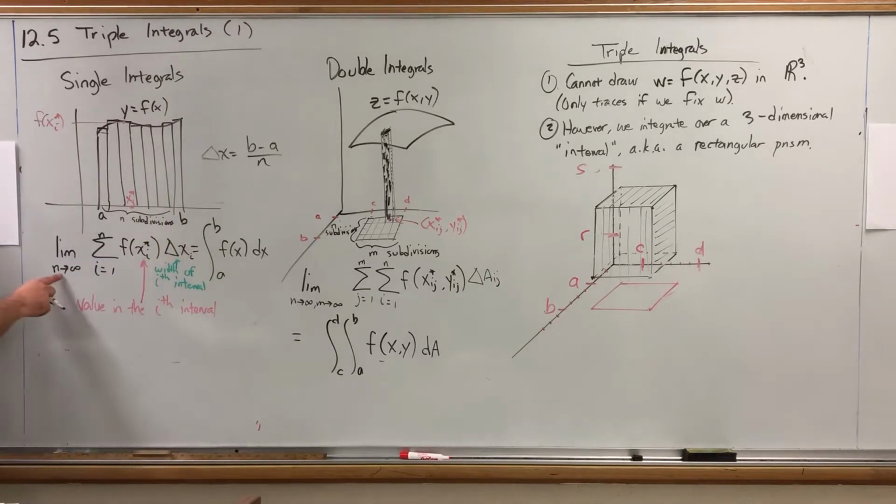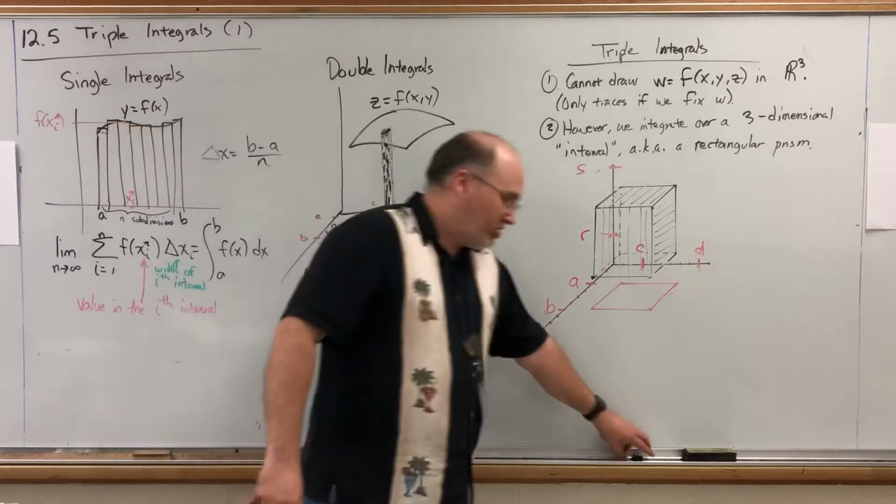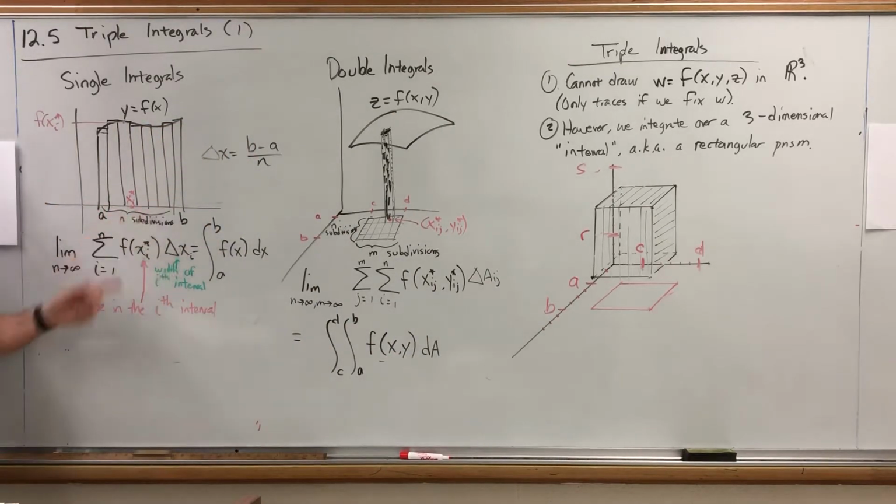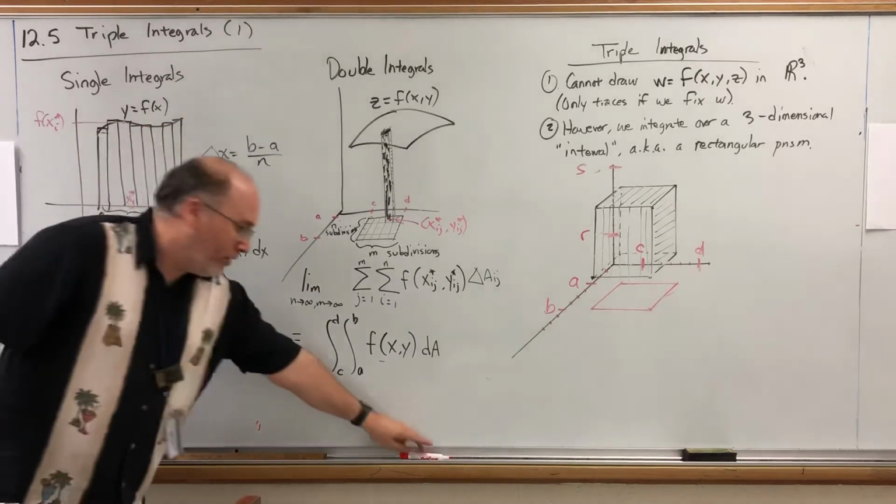In some definitions, you will see delta x approaches 0 instead of n approaches infinity. But let's just assume for the sake of our discussion that as the number of rectangles increases, the widths of the rectangles get closer and closer to 0.